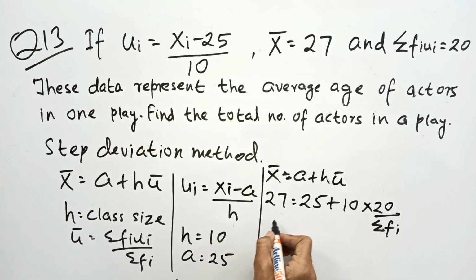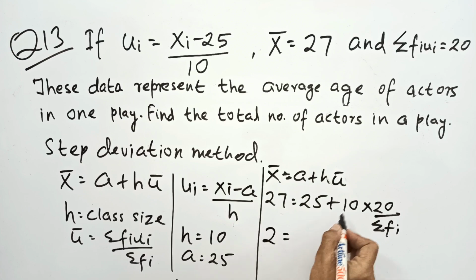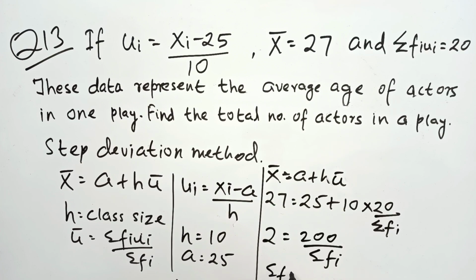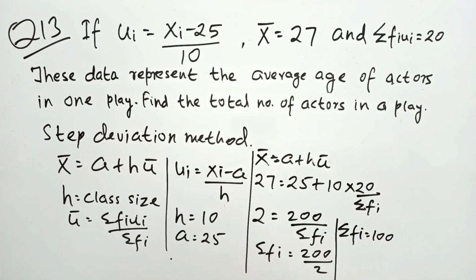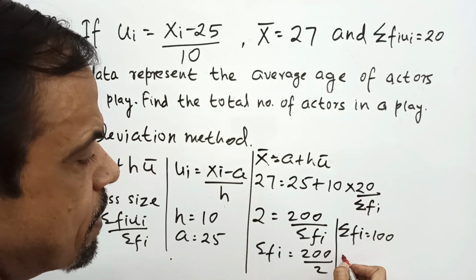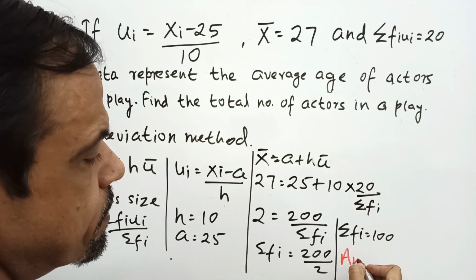So this will be 200 upon sigma fi. Sigma fi is equal to 200 upon 2. Sigma fi is equal to 100. Sigma fi represents the total frequency, means the total number of actors. So the total actors are 100. This is the answer.